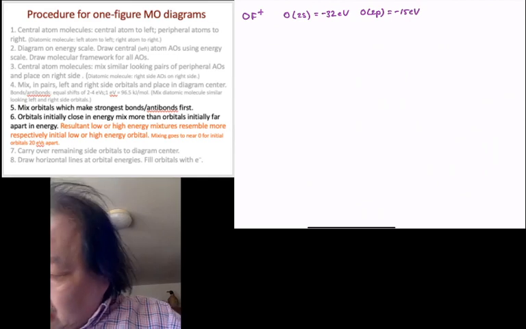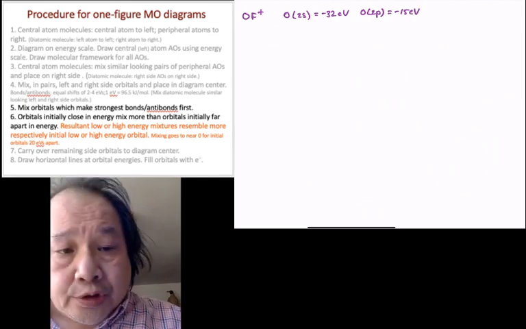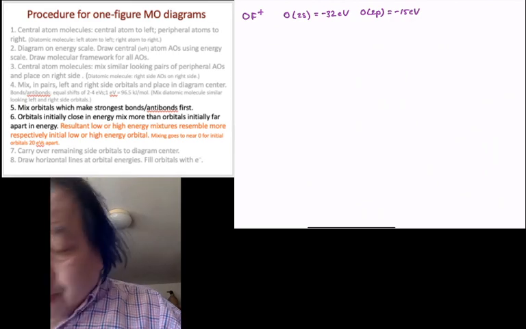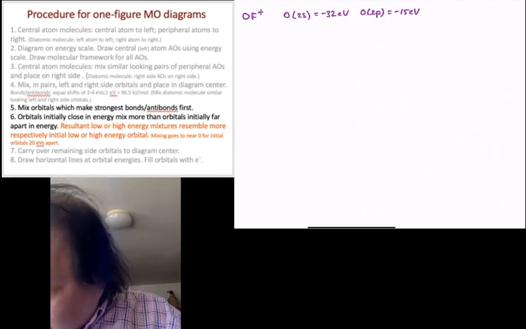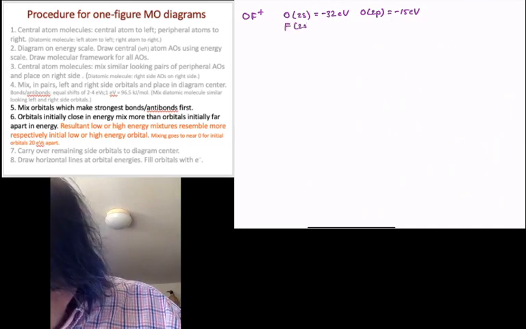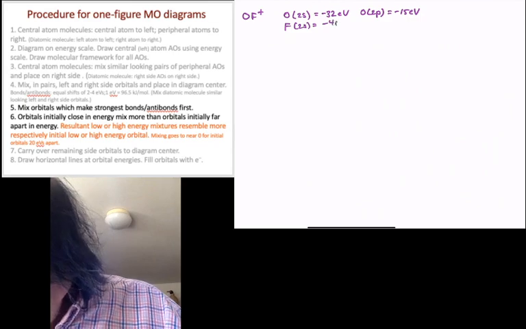Do we expect the fluorine orbitals to be higher or lower in energy? Put it in chat. And we expect them to be lower in energy because fluorine is more electronegative. Fluorine 2s indeed is minus 40 eV, and fluorine 2p is minus 18 eV.